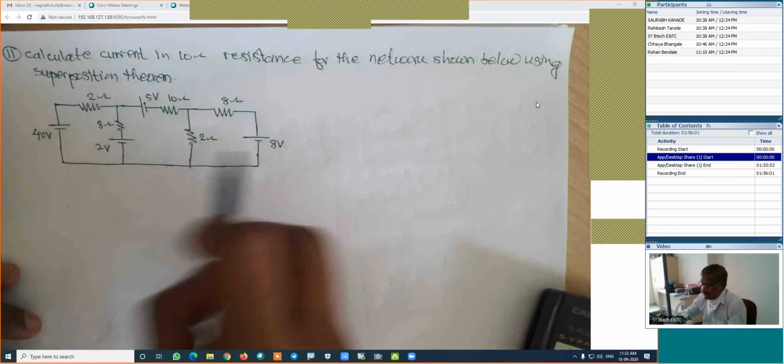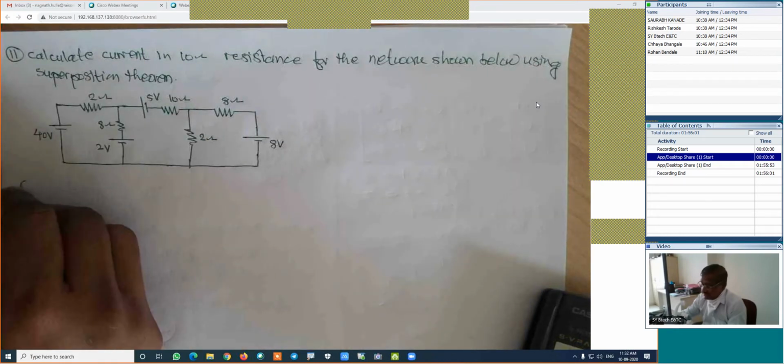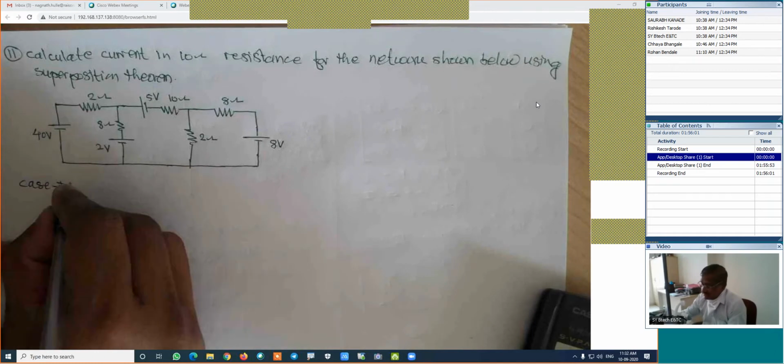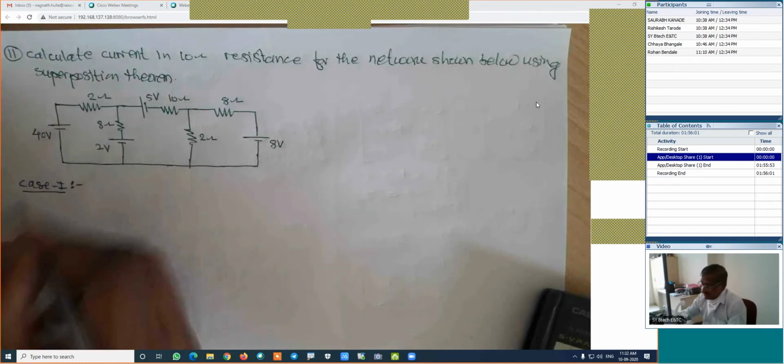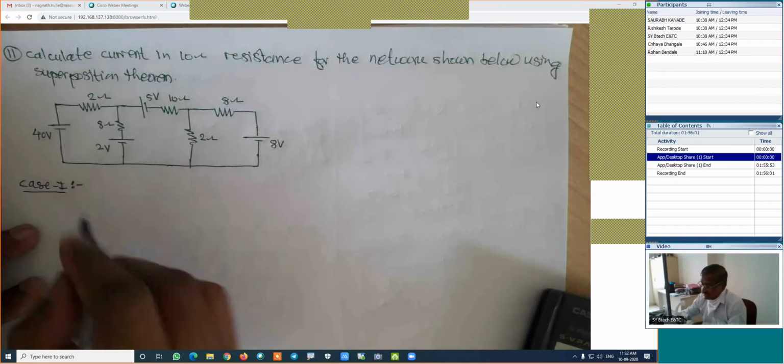Now here in this case, I will consider case 1. और इसमें भी और शॉर्टकट यूज करूंगा मैं. Case 1. What we are doing?